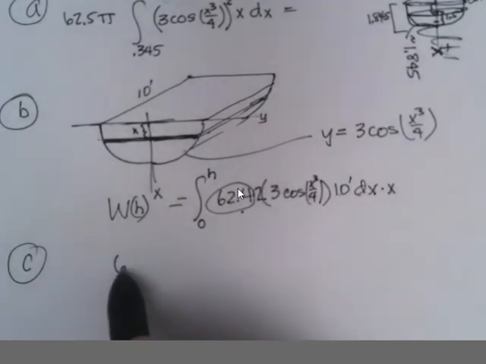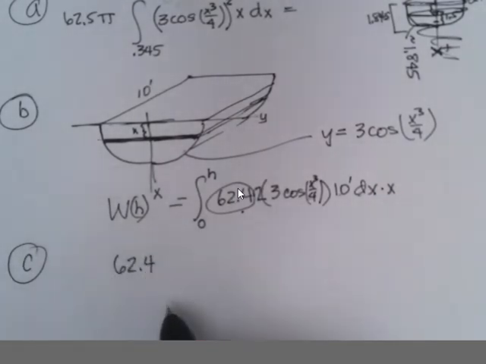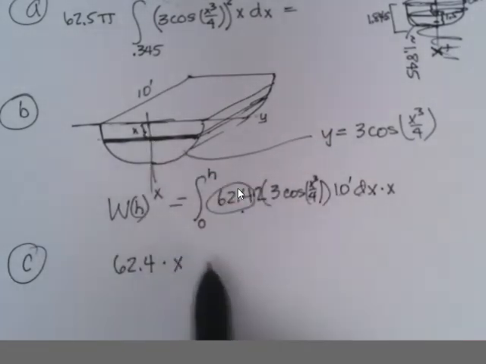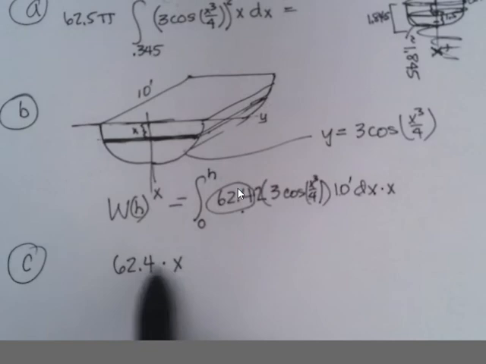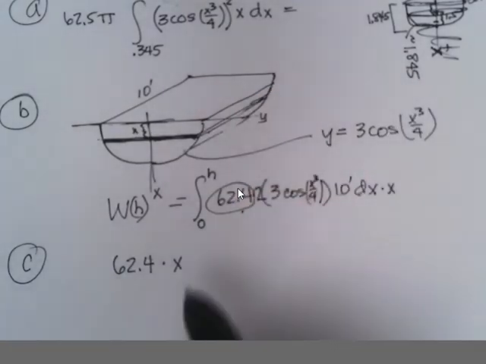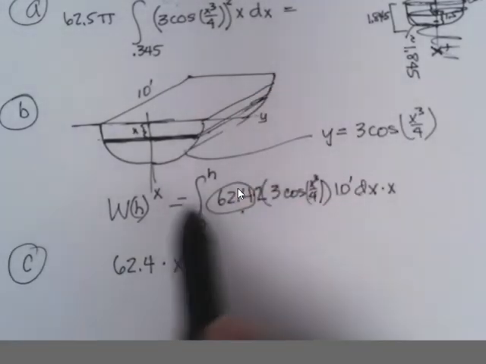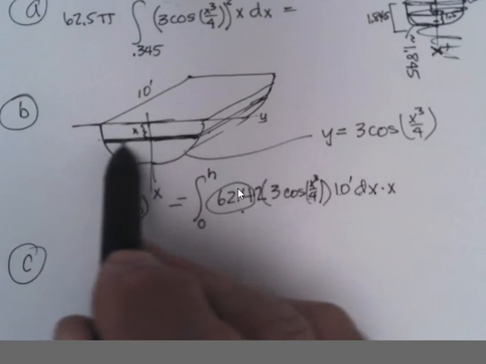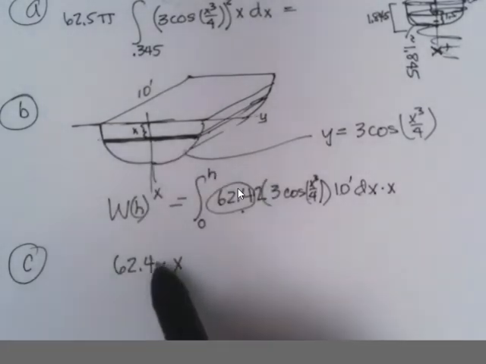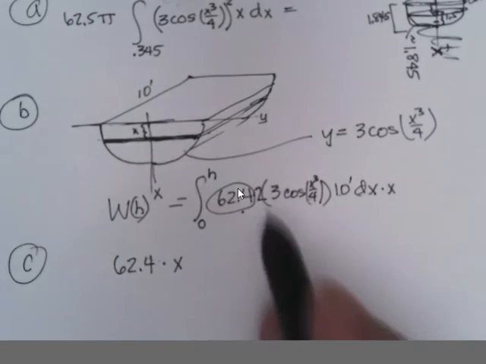So we take 62.4, that's a weight density. We take it times its depth, which is x, and that turns out to be a weight per area, so that's a pressure on this rectangle. And if we take it times the area of this slice, we get the force, just the pounds, and all the other units are canceled.